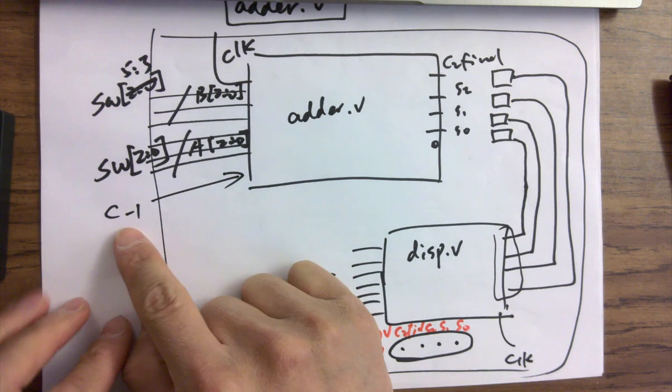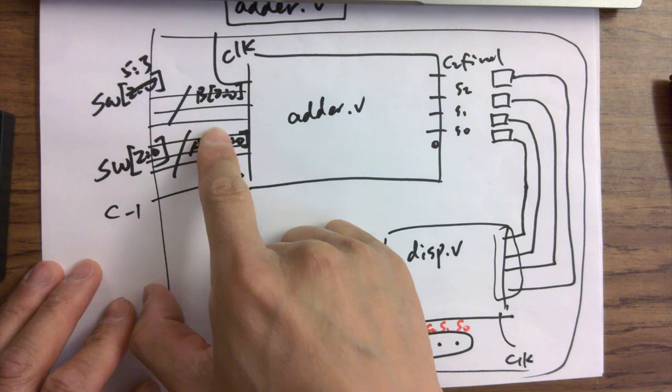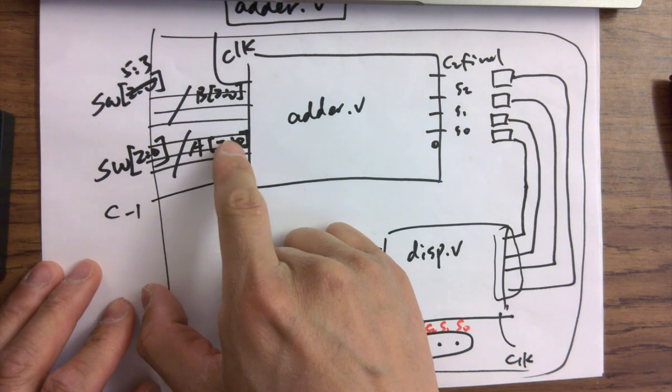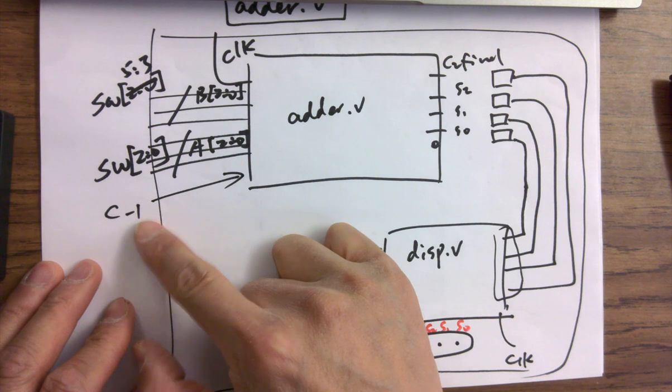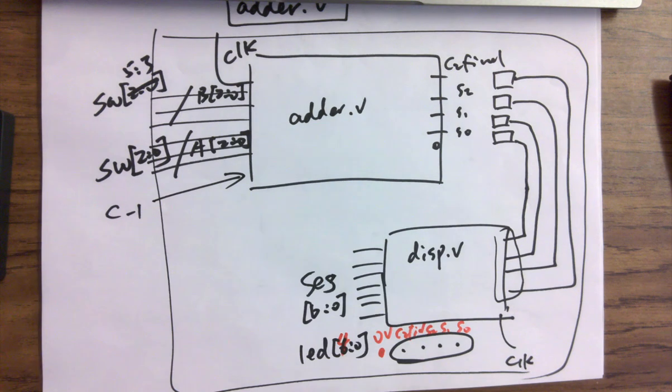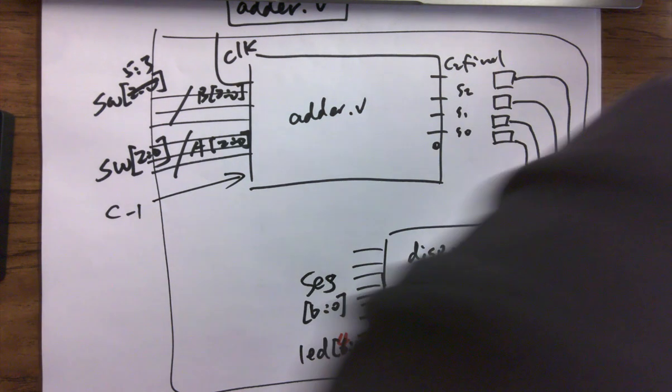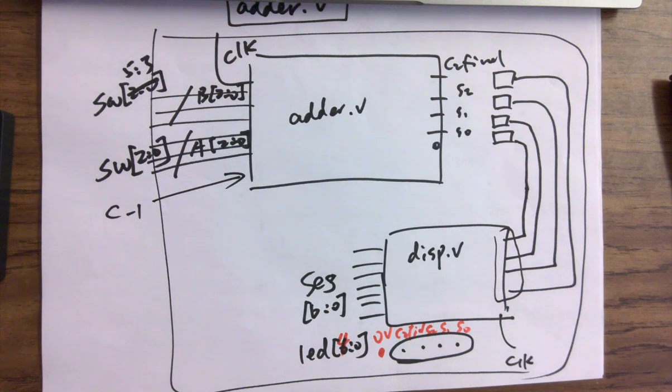So what is this actually doing? It converts all the B's to their negative counterparts, right? So that's why it's a subtraction. Otherwise, it's adding these numbers together. What else? A, B, clock. That's actually everything, right?